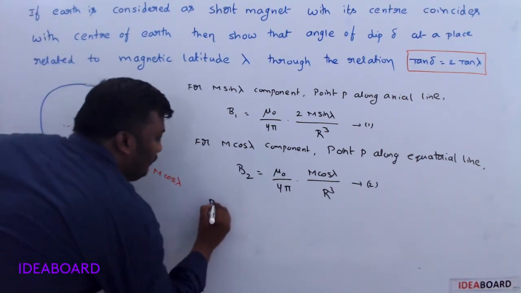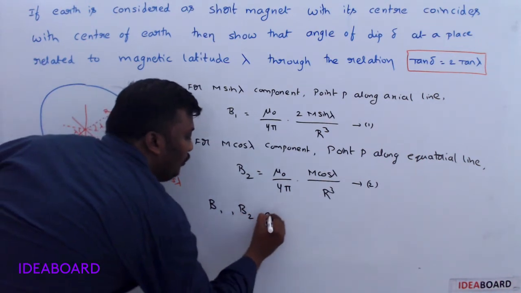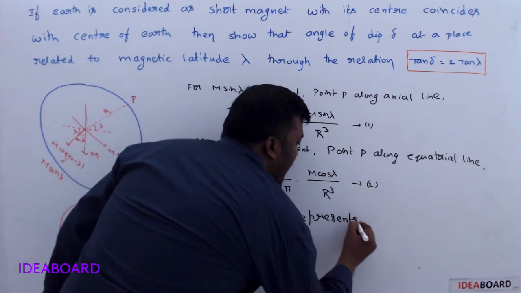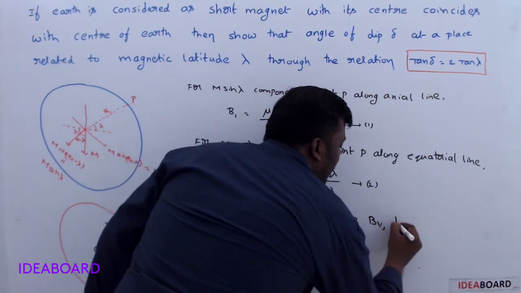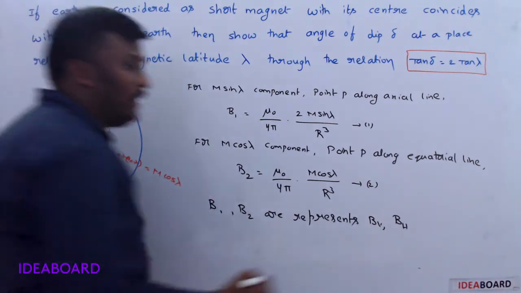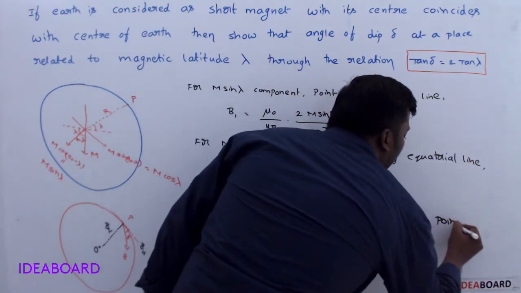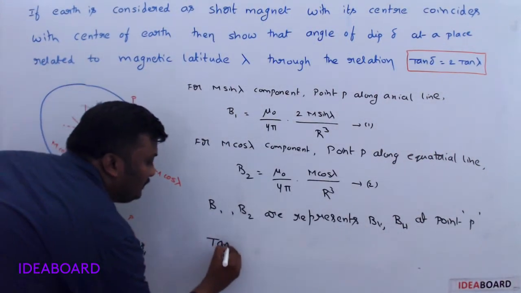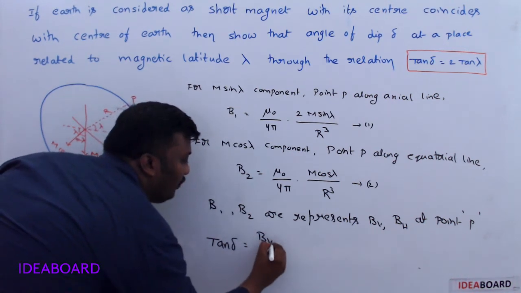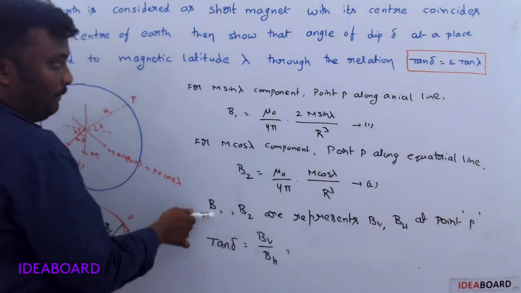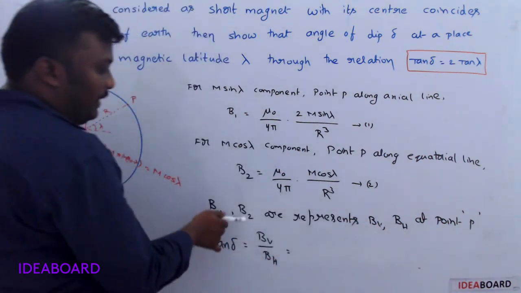So at point P, BH is represented by B2 and BV by B1. Then the formula for tan delta: we know tan delta is BV by BH. So BV is represented by B1 and BH is represented by B2.